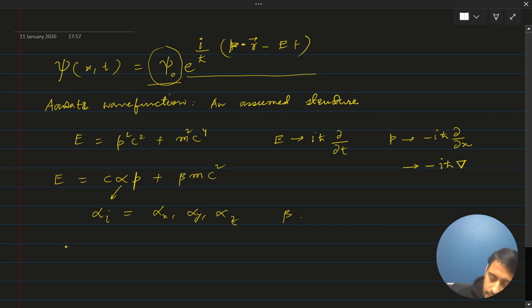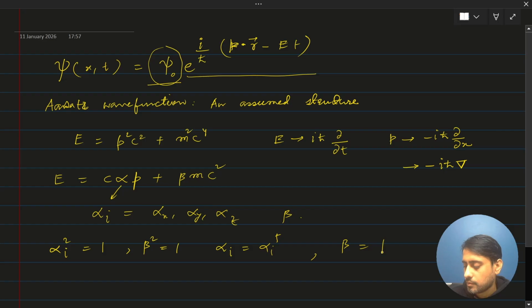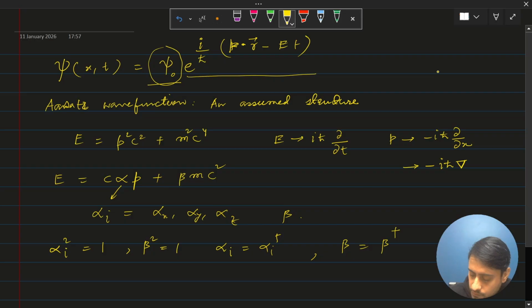What we got was that alpha i square was 1, beta square was 1, and alpha i was also alpha i dagger, and beta was also beta dagger, that is, they were Hermitian in nature. We also got the result that alpha i was alpha i inverse, and beta is also equal to beta inverse.